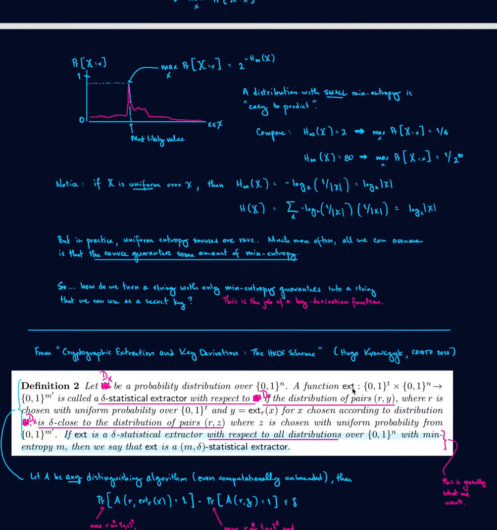This function is called a delta statistical extractor with respect to this particular distribution if you imagine the following game. Either I sample a t-bit string r. We're going to call this the seed. This is like seed randomness. It's kind of starting randomness for the extractor. You either get handed a pair, which is the seed for the extractor, and the output, y, of the extractor using that seed randomness and a sample from this distribution.